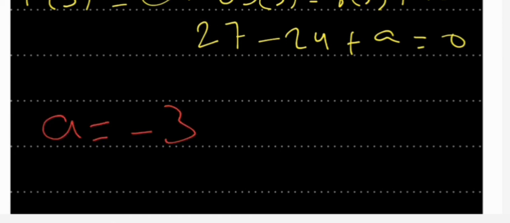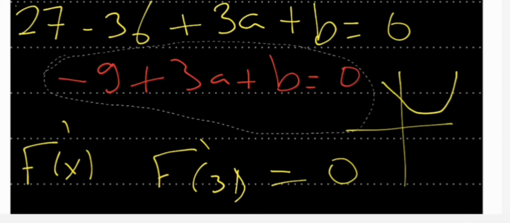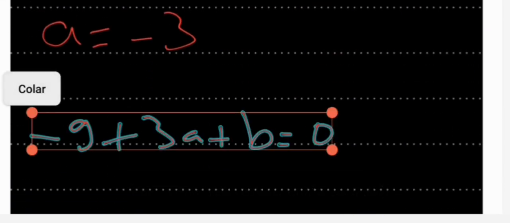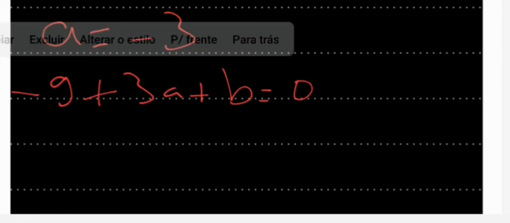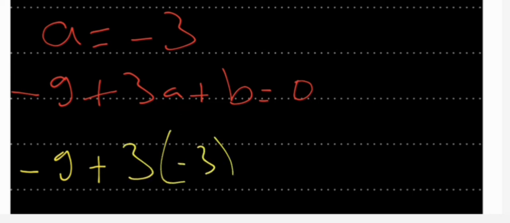So this is the information. Now notice that over here, we had this information, but now we know the value of a, so we can use it to find the value of b. Minus 9 plus 3a, but a is minus 3, plus b equals 0.